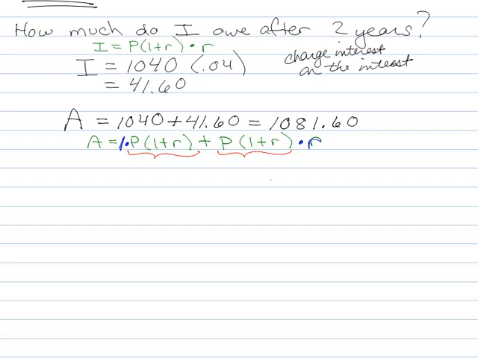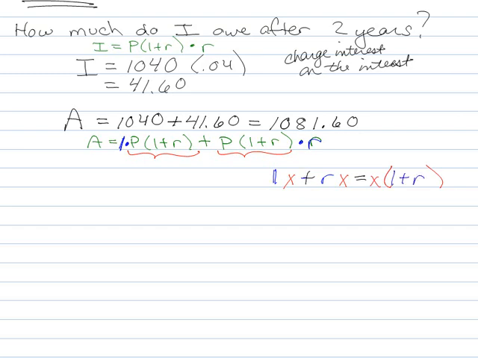So think about it like this: if I had 1x plus rx, how would I solve that? You might say I factor out an x, and I'm left with 1 plus r.